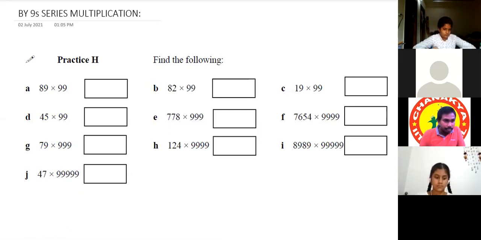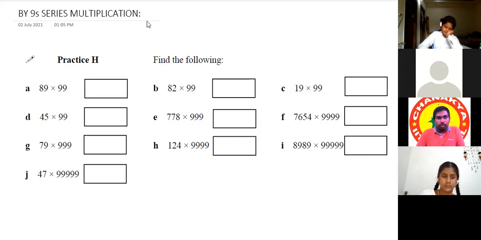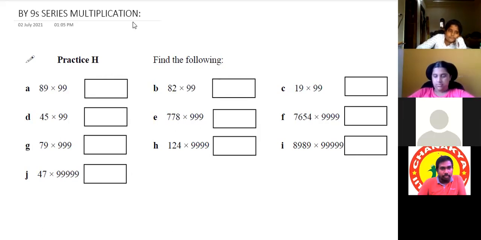Sir, can you give one more example? First, complete these questions. Sir, can we give answers in the chat? Wait, all of you wait. Dhanyasri, are you speaking now? What is your doubt? Sir, you said to send some answers.